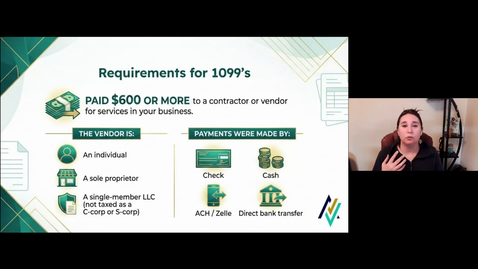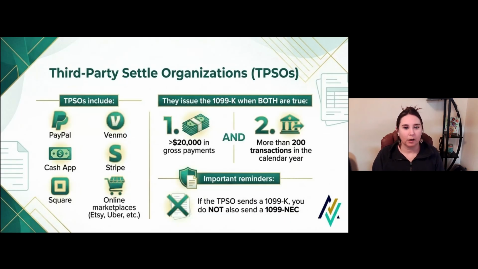This includes if you pay them cash, check, ACH, Zelle, or maybe a wire transfer. Zelle is not a third-party transactor. There are third-party settlement organizations that will actually send out the 1099 for you.